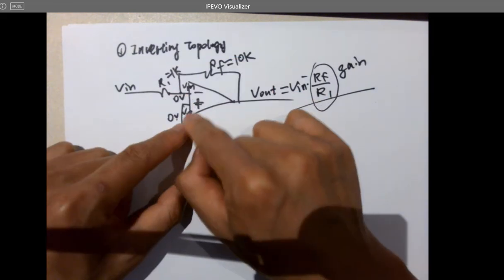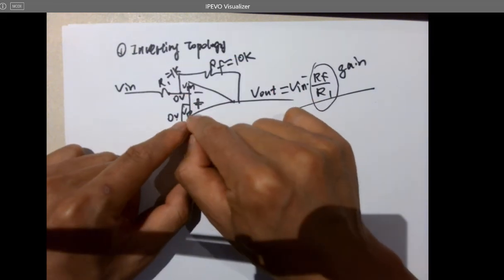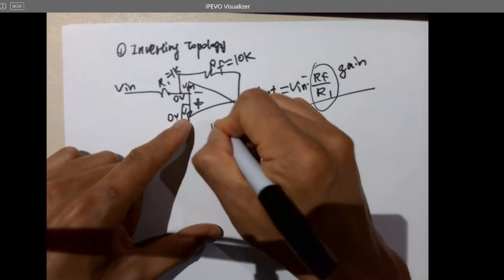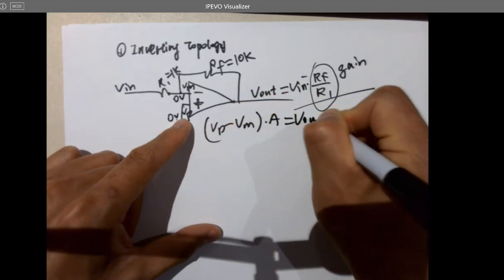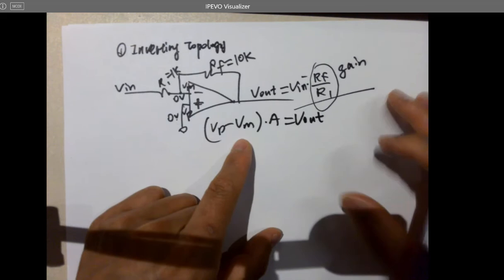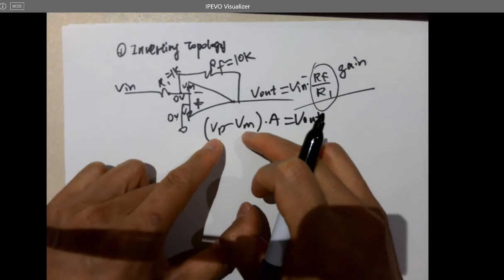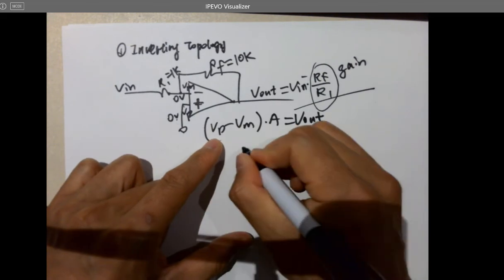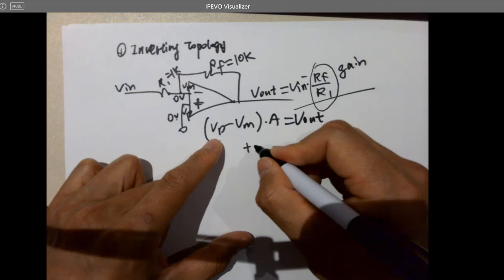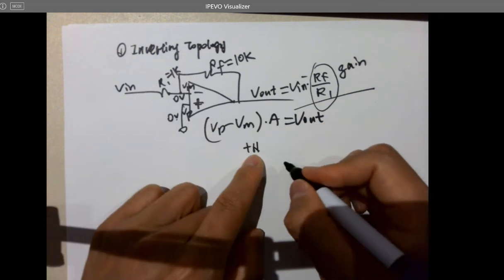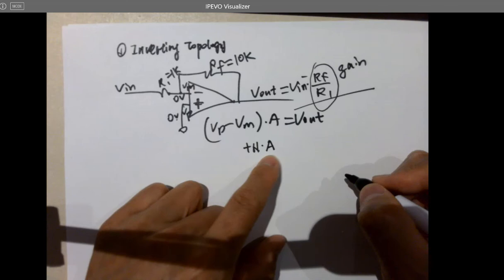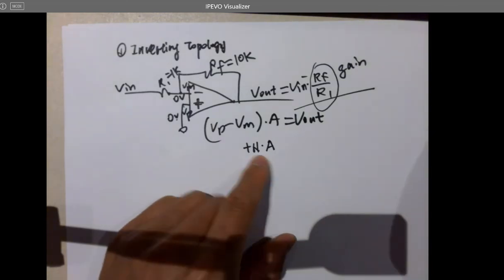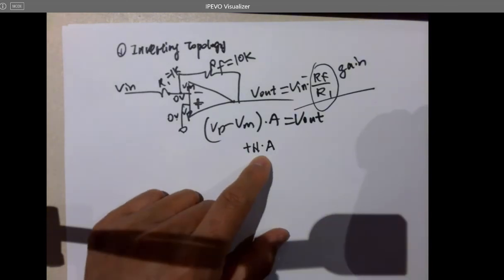And now let's think about this intuitively. So this is still valid, right? So if VP is slightly larger than VM, what's going to happen? So we're getting a little bit positive number over here, right? Like a little plus something times A. So the gain is the gain, right? It's going to amplify this positive number like crazy.